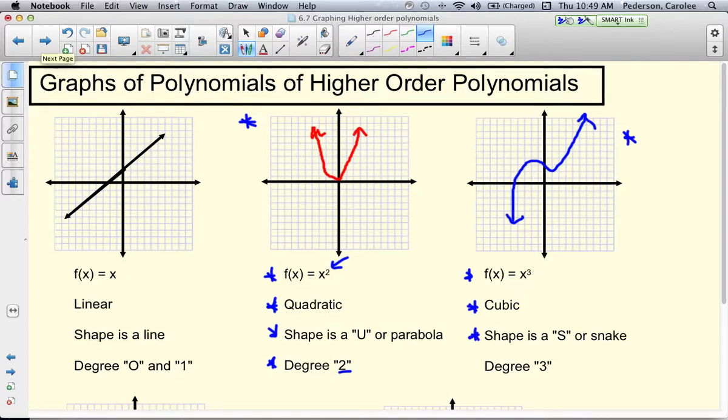The degree now is degree 3. That comes from the highest term in the polynomial, x to the third power. Go ahead and write those pieces down. In the next lesson, we are going to take the time and graph these higher order polynomials. And you need to know what the graph looks like, denoting the degree.